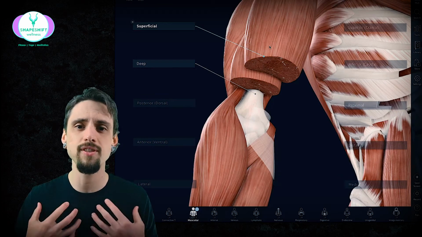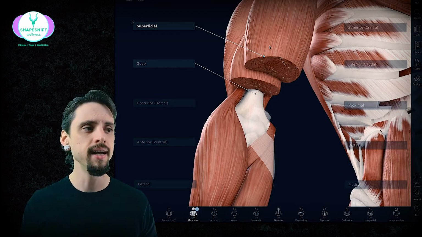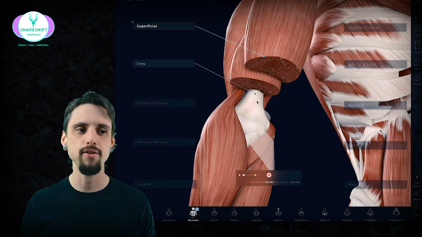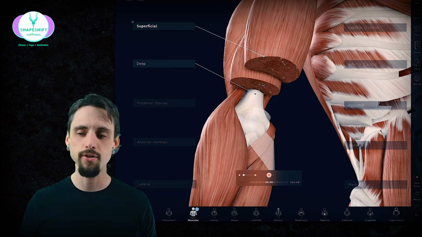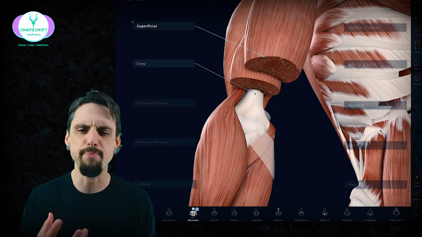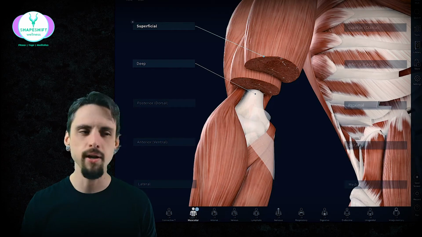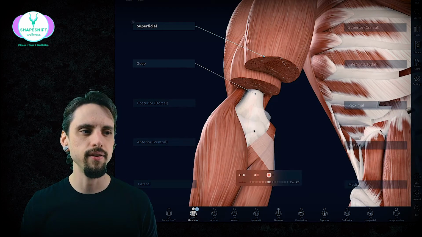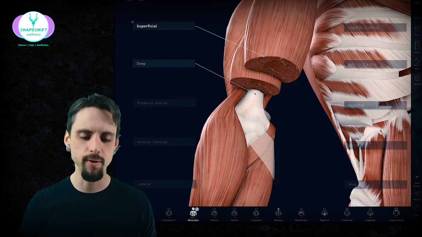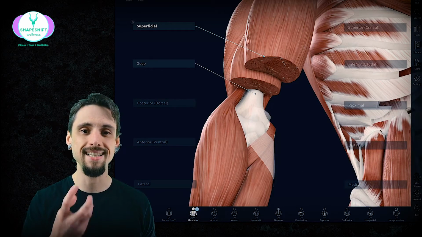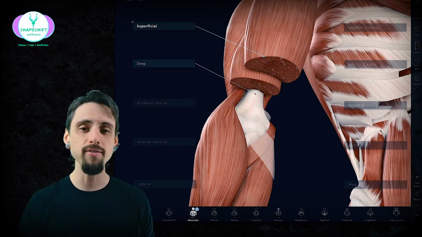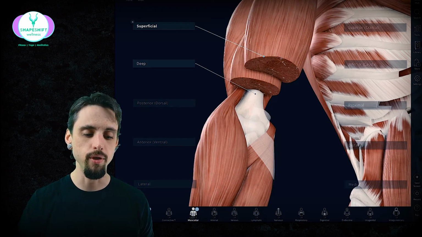There's no substance underneath it, right? Versus somebody who is deep, like this humerus bone right here. Oh, you're profound, you're so deep, right? You're underneath, you've dived deep. So the bone is obviously deep to the muscle, and the muscle is superficial to the bone.